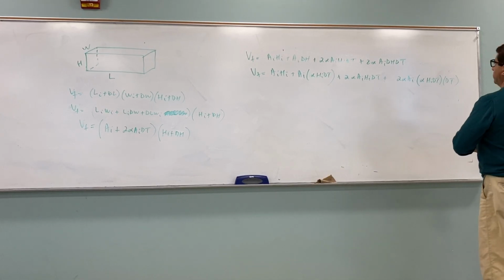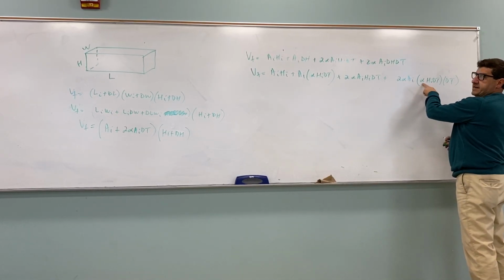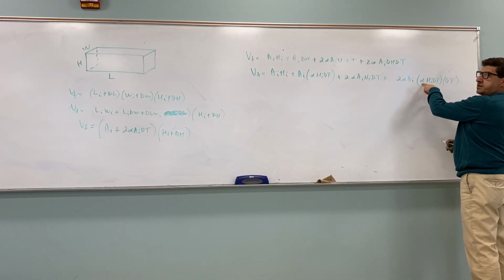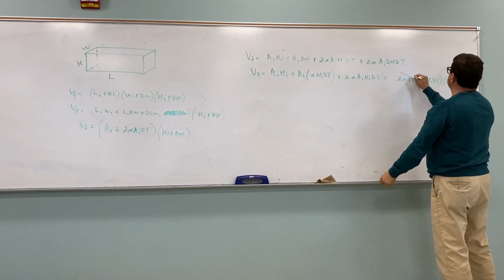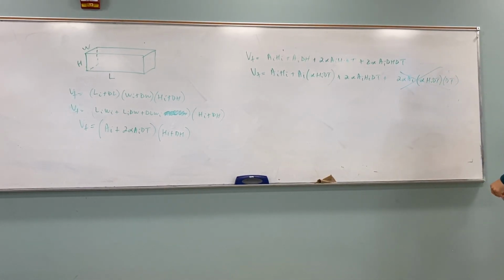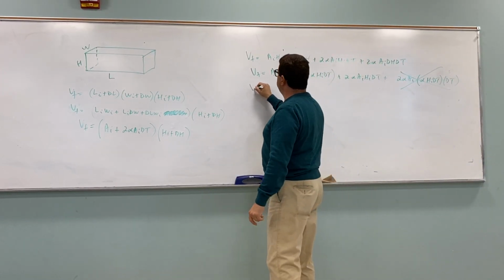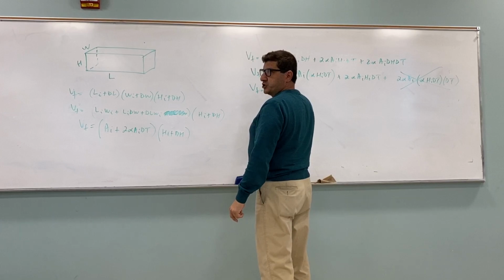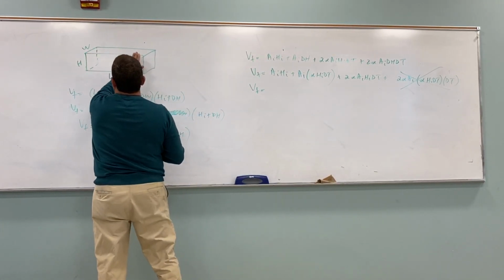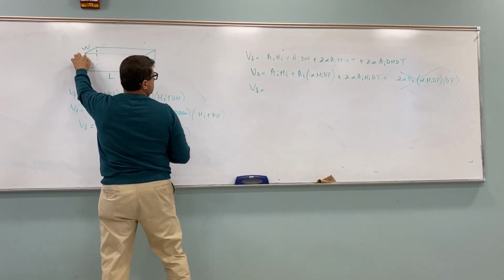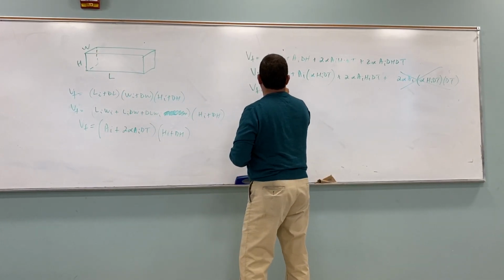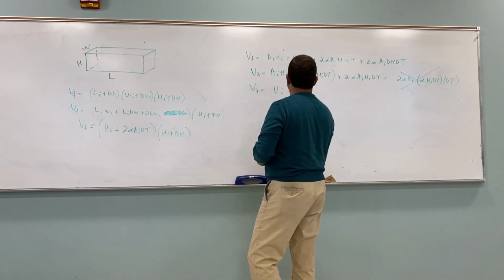Oh, but then whenever we see an alpha squared, we again could ignore that. Boom, boom, that's too small. And then we focus on this, and then V final, A initial, H initial is just going to be the area times that, so it's just going to be volume initial.